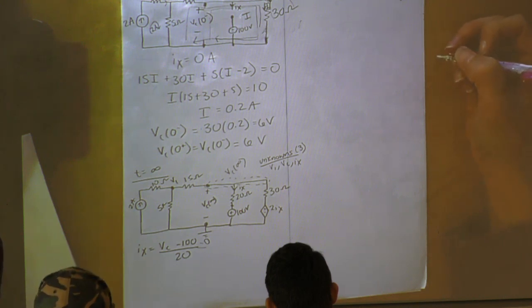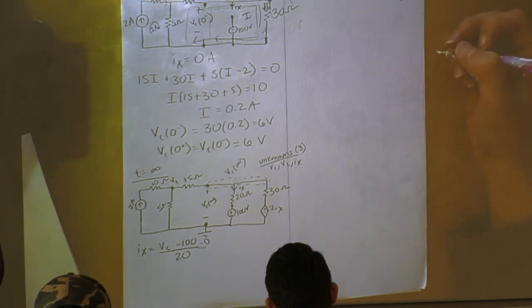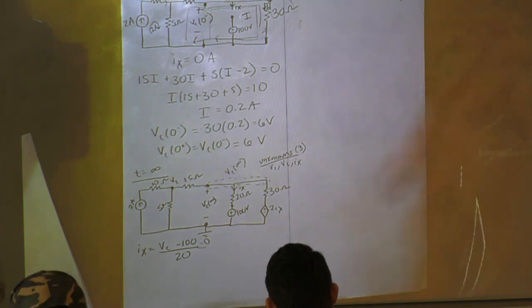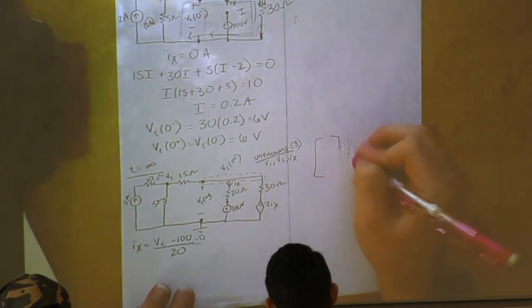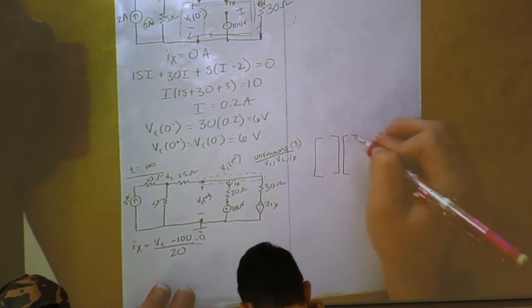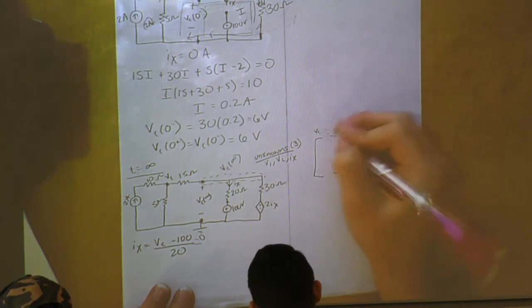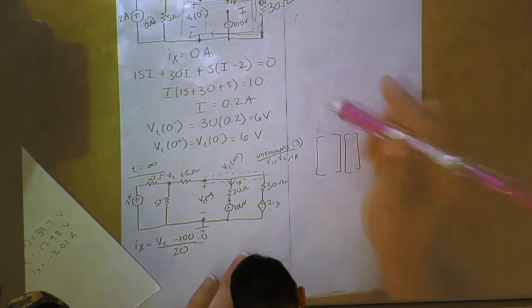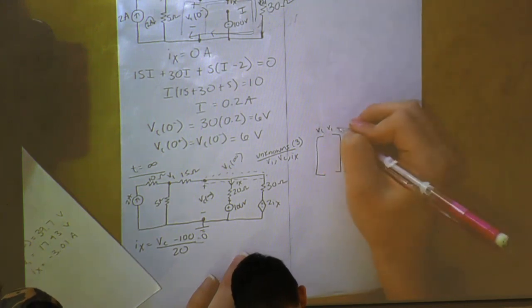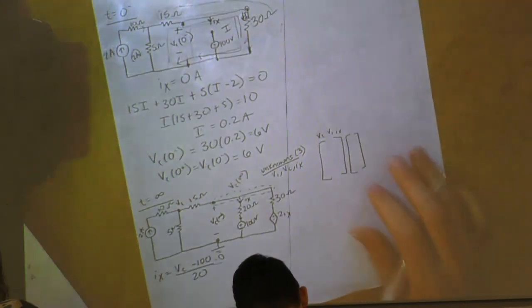So it's the whole entire voltage drop. So then, we can go ahead and get our, we'll be using a matrix for this one. So this is our VC, oops, we'll do V1. It's fine. VC, V1, and our IX.